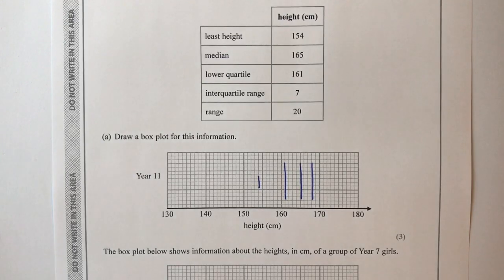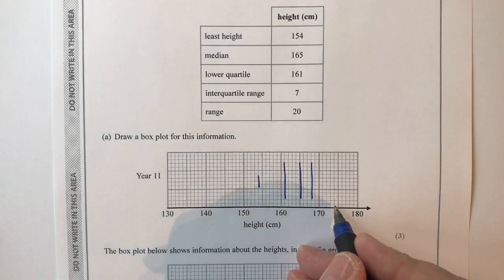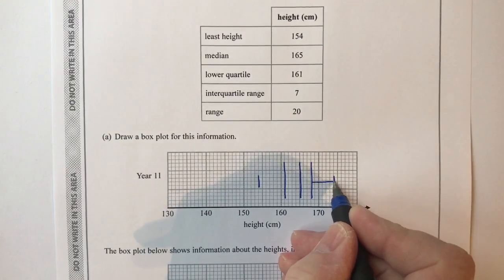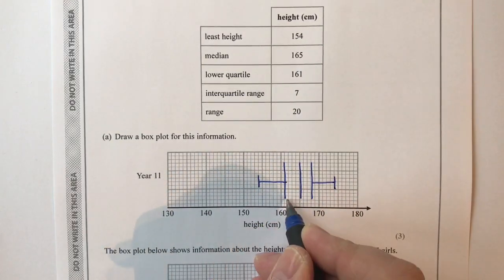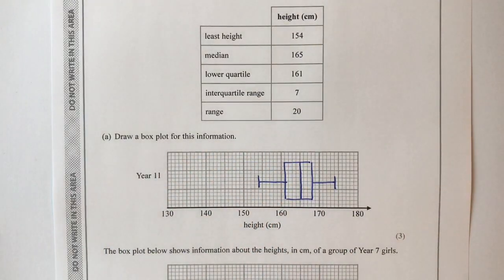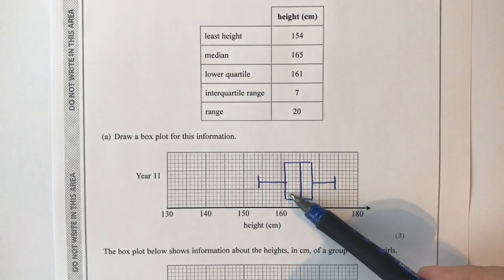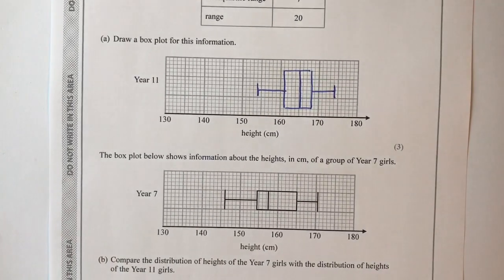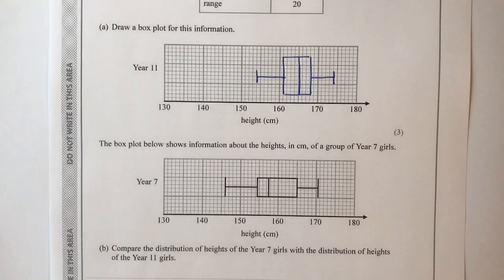So that's going to be 174. So that's going to be about here, and hopefully it'll become a lot clearer when I draw the horizontal lines in place. Okay, so I've made that quite pronounced. You might not want to make these lines quite as long as that, because if I compare that with the one that they've pre-drawn, it does look a little bit too tall, but at least it will give you some idea how to answer the next bit.